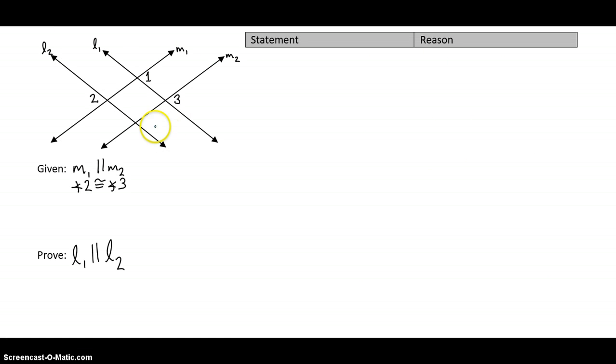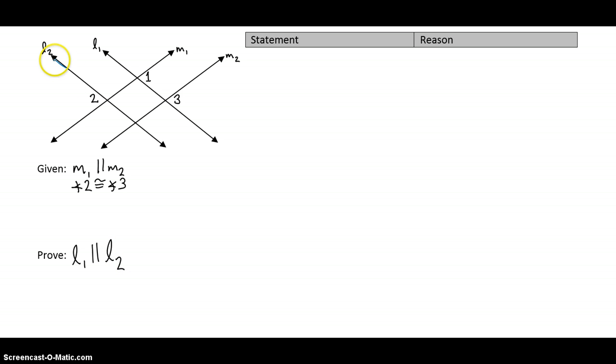In this proof, we need to prove that line 1 and line 2 are parallel to each other. We're given that M1 and M2 are parallel, and angle 2 and angle 3 are congruent to each other. So we need to figure out what's going to prove line 1 and line 2 parallel.